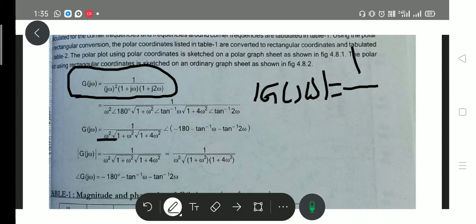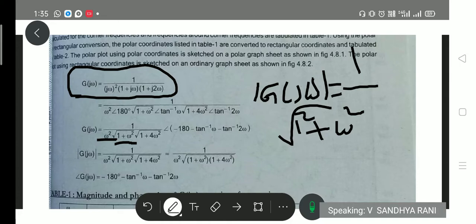The magnitude of 1 + j omega is the square root of 1 square plus omega square, that is the square root of x square plus y square, where x is 1 and y is omega. Similarly for 1 + j2 omega, the magnitude is the square root of 1 square plus (2 omega) whole square, which means 4 omega square. This is the magnitude of the system.